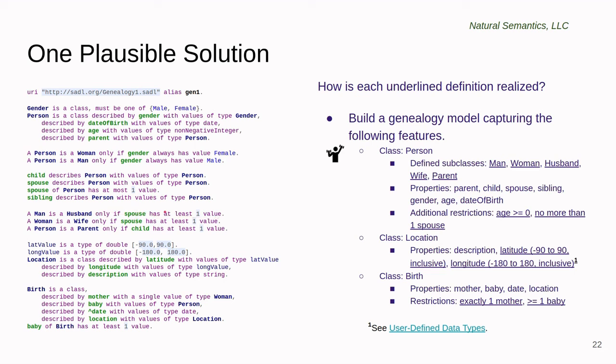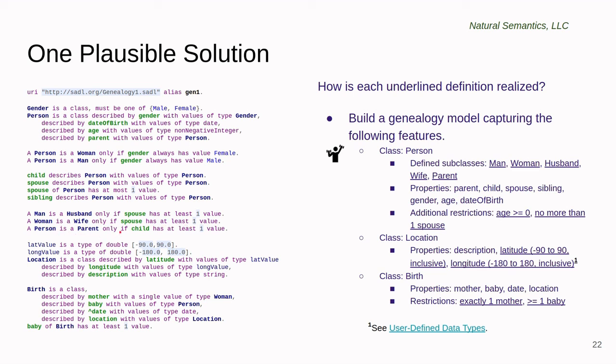So this is just the straight minimum cardinality restriction placed on man in order to qualify to be a husband. A woman is a wife only if spouse has at least one value. That's a very parallel definition in terms of a simple minimum cardinality restriction.